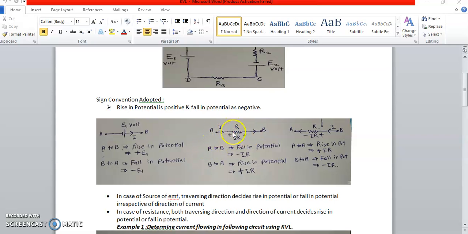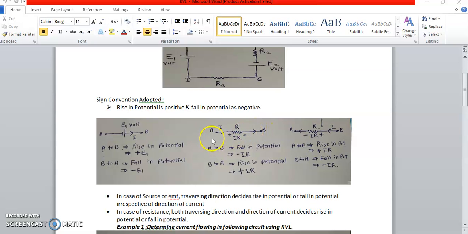In this branch AB, there is a passive element resistance R, and assume the current is flowing from terminal A to terminal B. Now, as the current is flowing from terminal A to terminal B, terminal A is assumed to be positive and terminal B is assumed to be negative, because in a passive element current always flows from high potential to low potential.